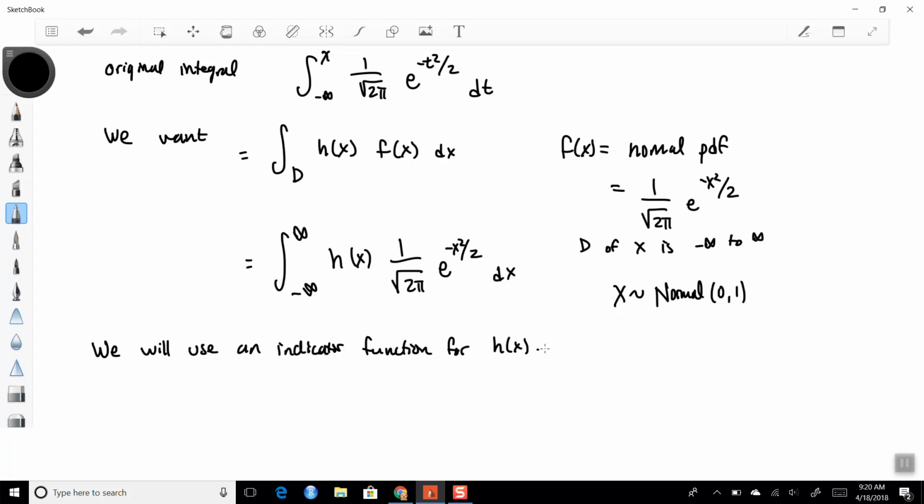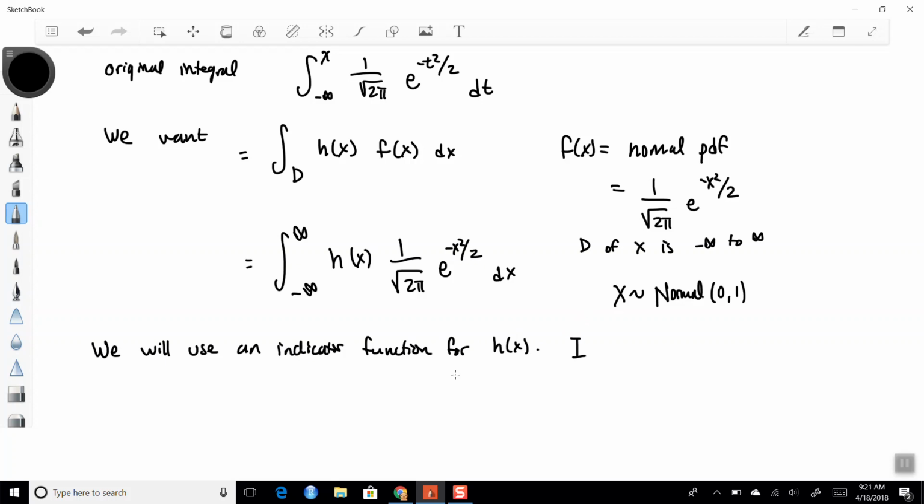And what is that indicator function going to be? We're going to say if z is less than x, we'll let this equal 1, and if it's greater than x, it'll be 0.